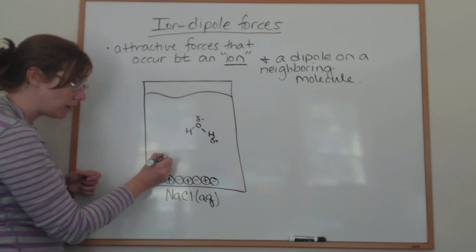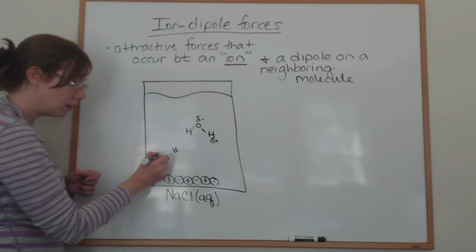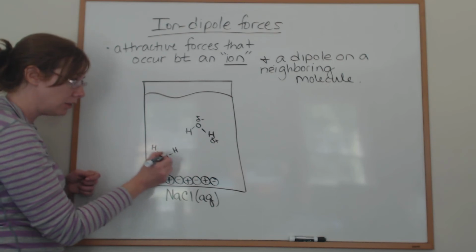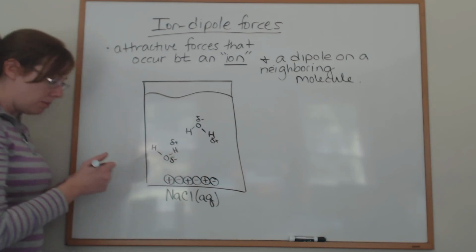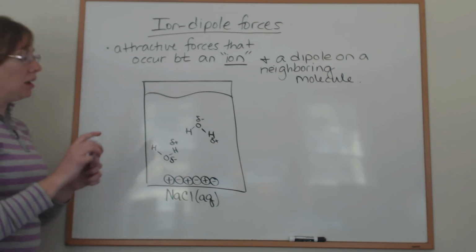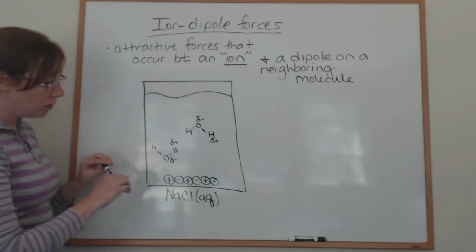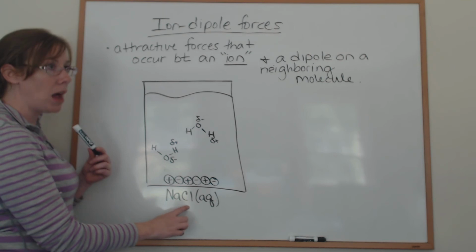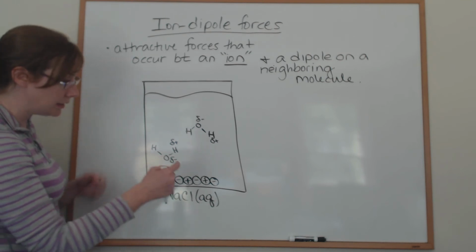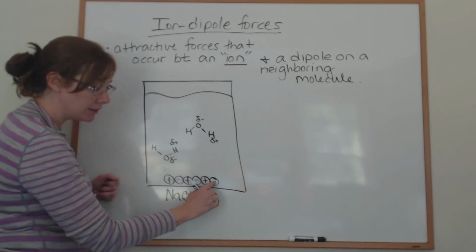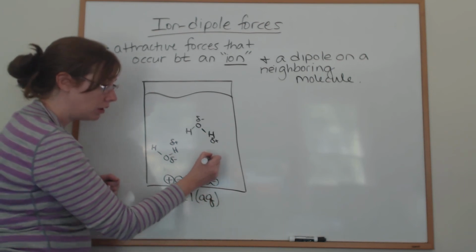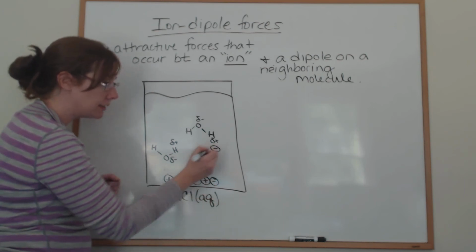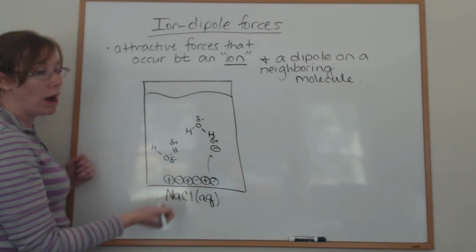Let me just put another one down here. I'll put this one upside down. They're floating around. They can turn. Partial positive near the hydrogen, partial negative near the oxygen. The reason that this ionic compound dissolves is because the anions, for instance, the chloride ions, will be attracted to the partial positives on the water. Why are they attracted?